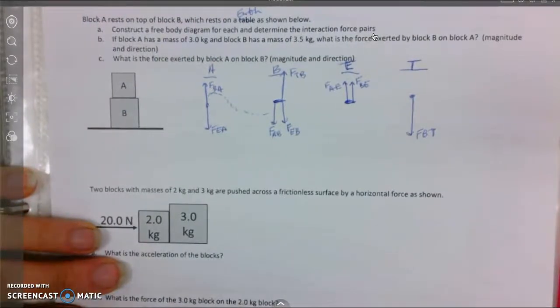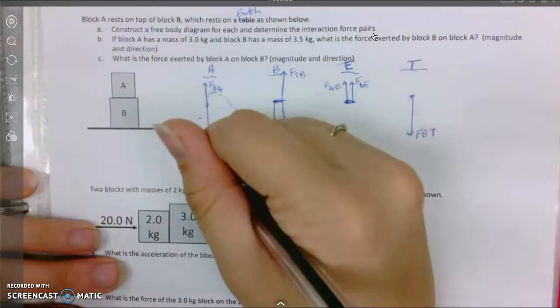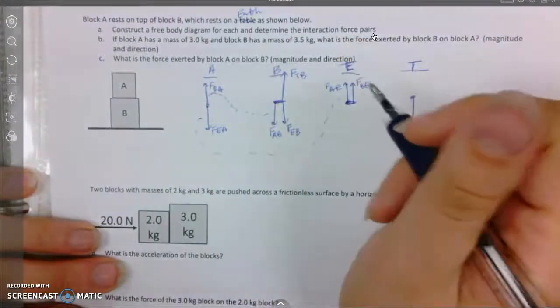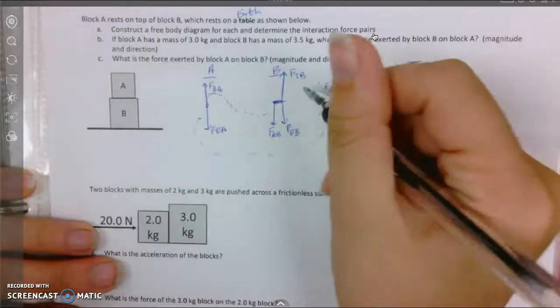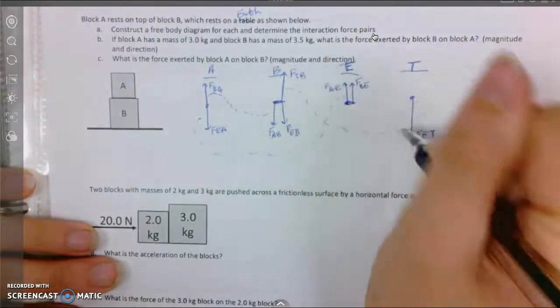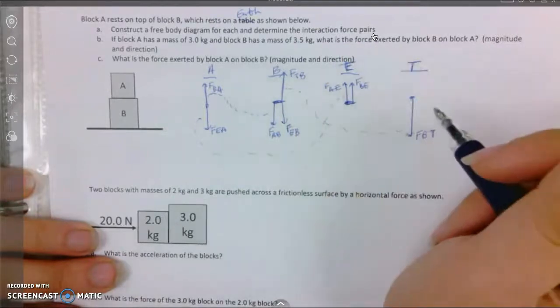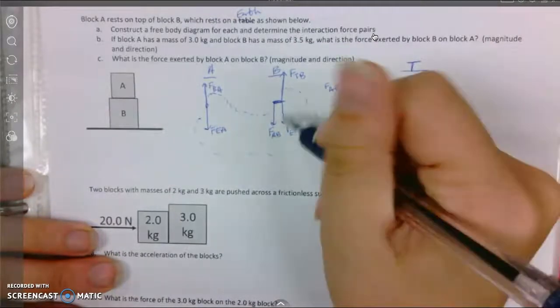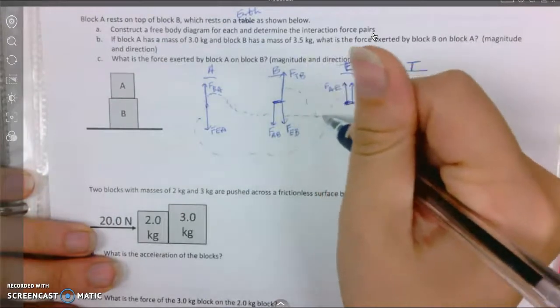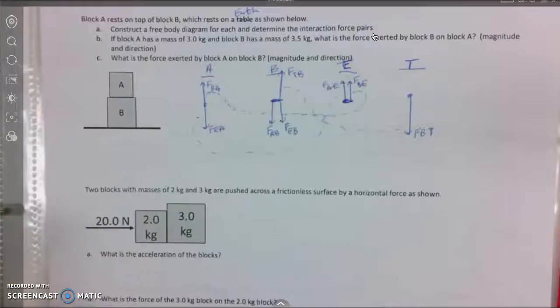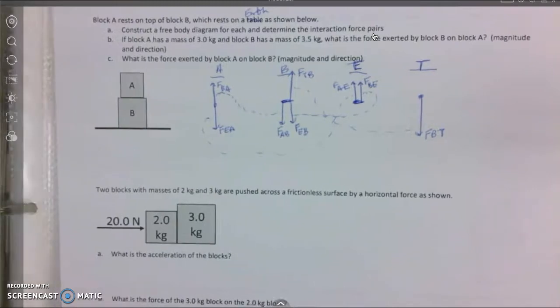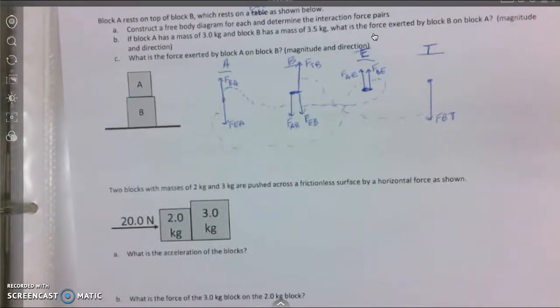Here's that one. And then we have this one. And then we have force of the table. That one. I think ideally these don't cross. Oh well. And then we have that one, right? It's a little messy. So now when I look at this, that would be my interaction force pairs, right? Everything has a pair.